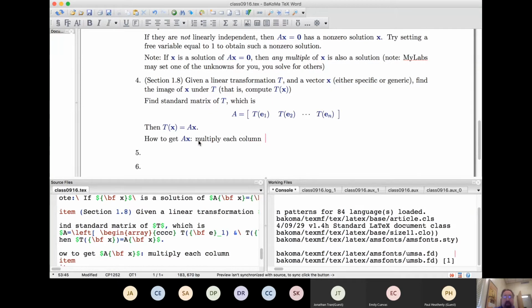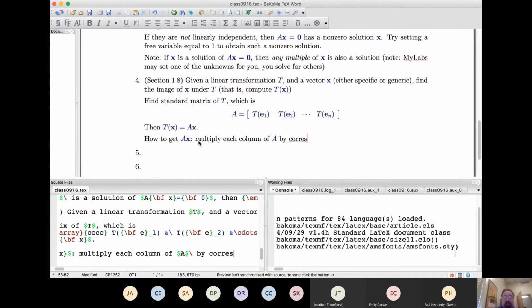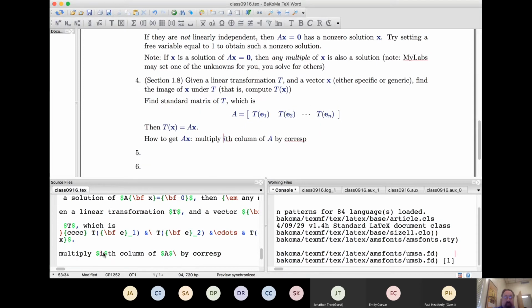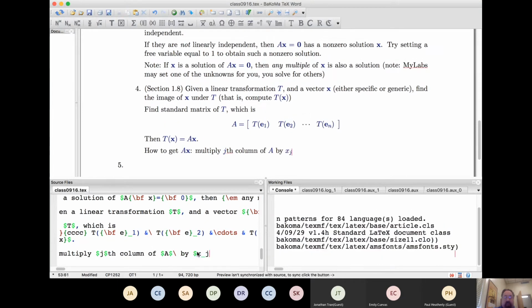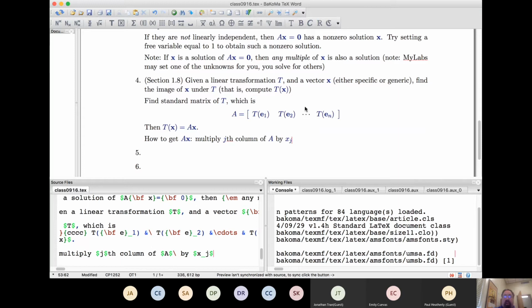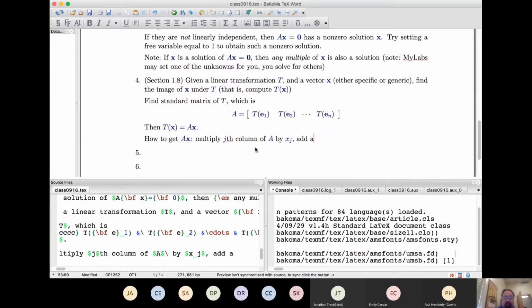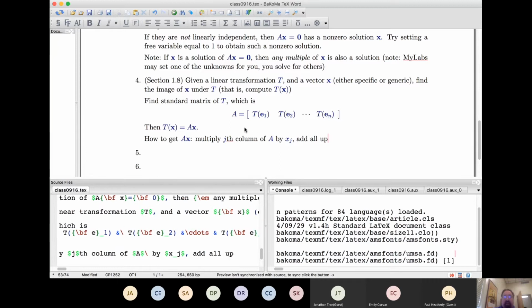you're multiplying each column of A. Actually, I'll write it this way. The jth column of A by the jth element of X. So each column of this matrix is multiplied by the corresponding element of X. And then you add them all up.